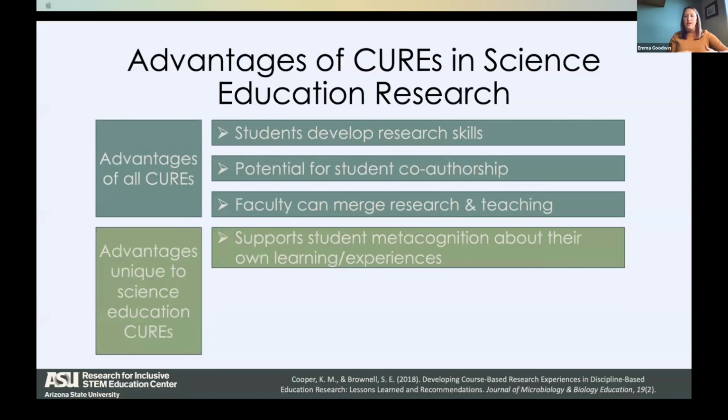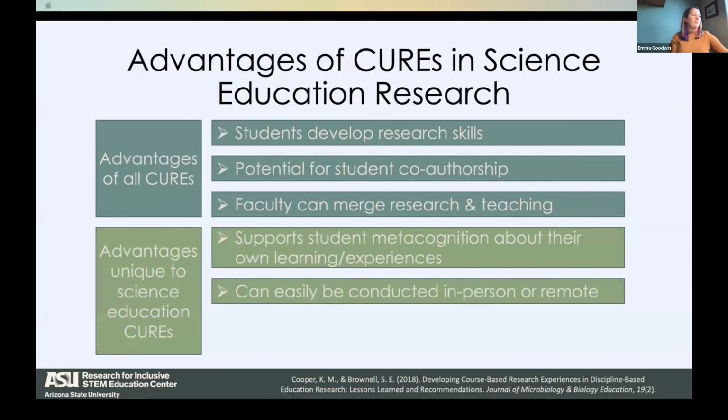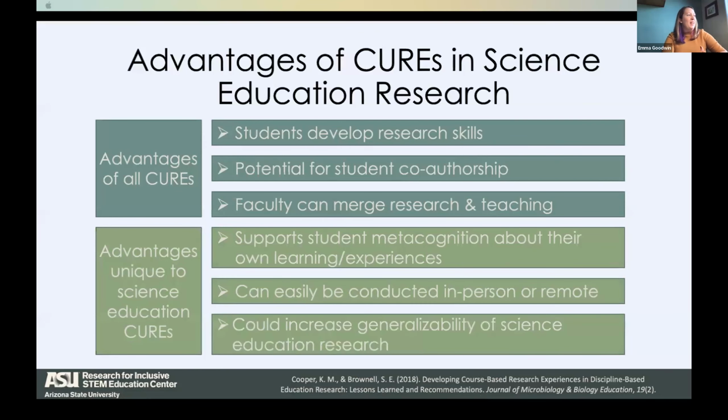We're having students develop research and analyze data related to undergraduate research experiences, so students can actually use that to think about their own experiences. They can easily be conducted in person or remote, which has been a huge advantage in recent years. And they have the potential to increase the generalizability of science education research, right? We can do replication studies at different universities with different student populations, which can be really helpful for building knowledge about undergraduate education.